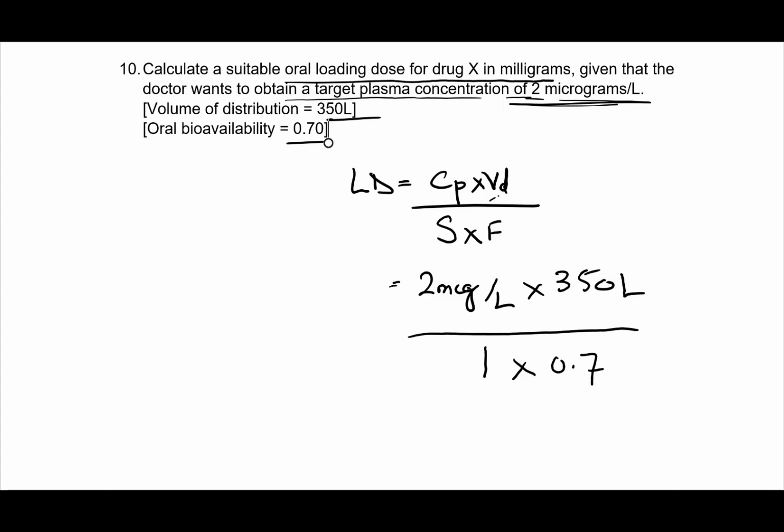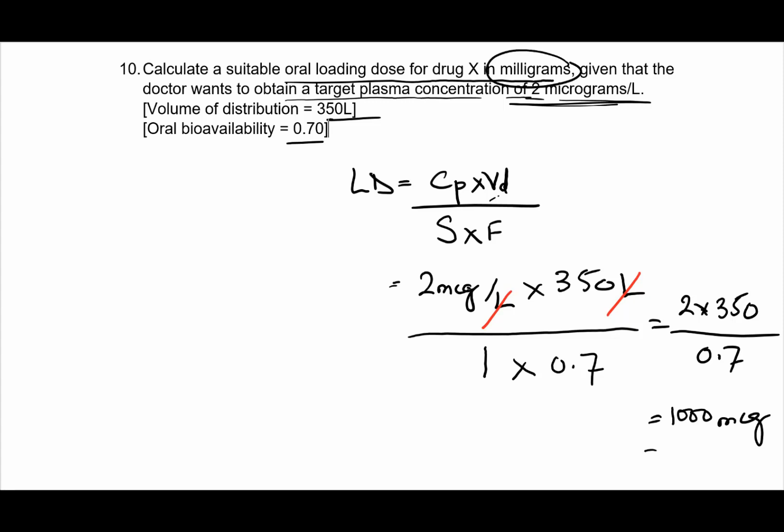So liter will cancel liter, and we will get the final loading dose in mcg. That will give me 1000 mcg, and I have to find out the answer in milligrams. So 1000 mcg is simply 1 milligram, and that is the answer.